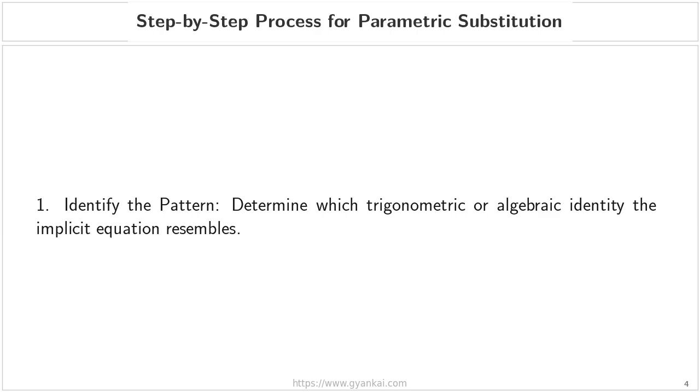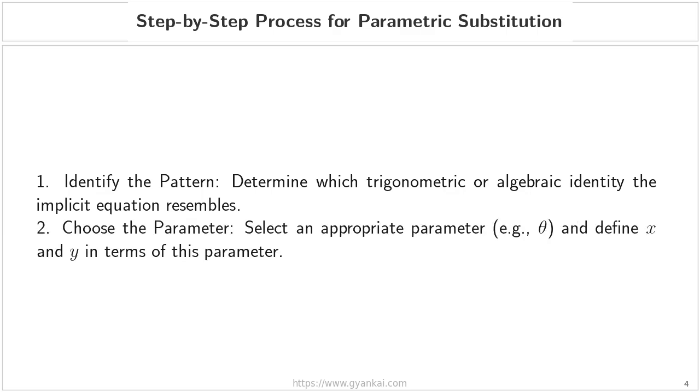As we saw in the previous slide, recognizing whether it is a circular, elliptical, or hyperbolic form is key to choosing the right path. Second, choose the parameter. Once you have identified the pattern, select an appropriate parameter, most commonly the Greek letter theta, and define both x and y as expressions in terms of this parameter.